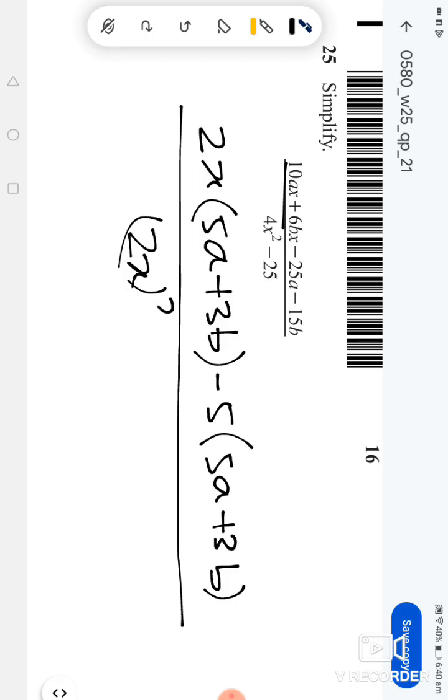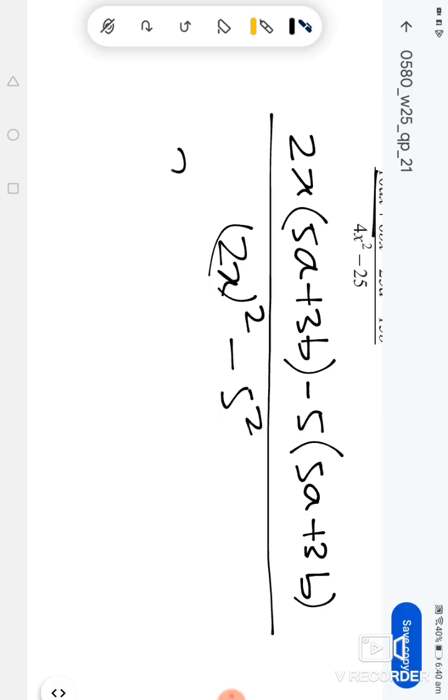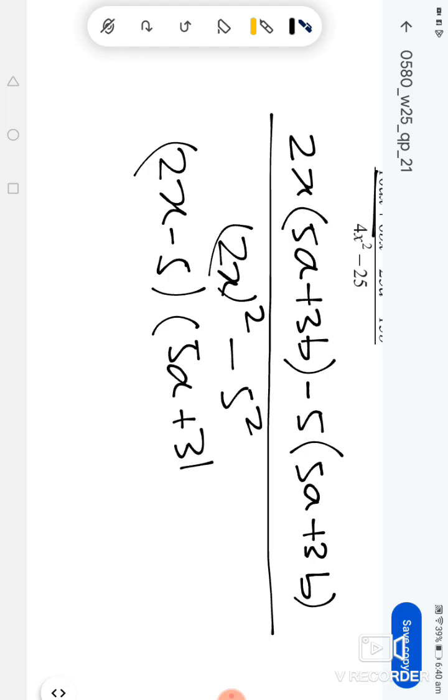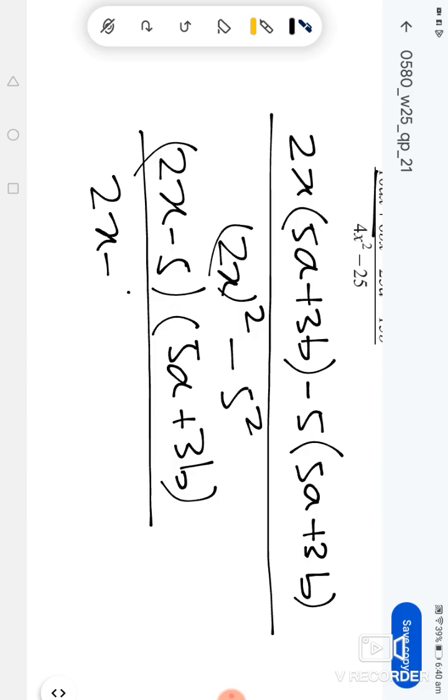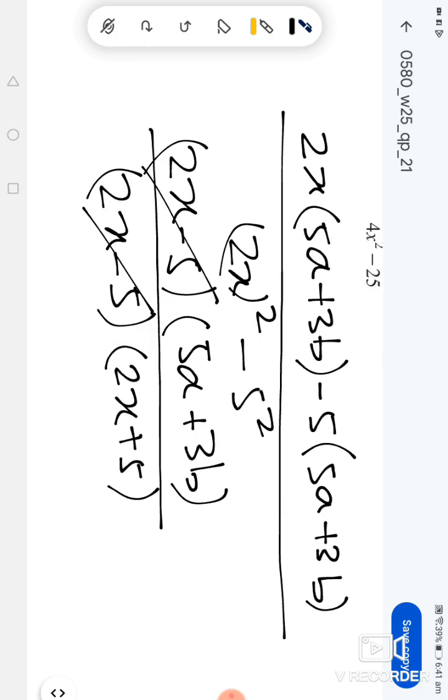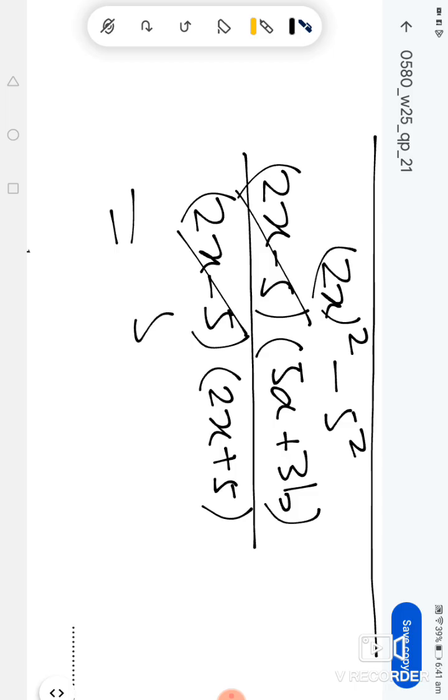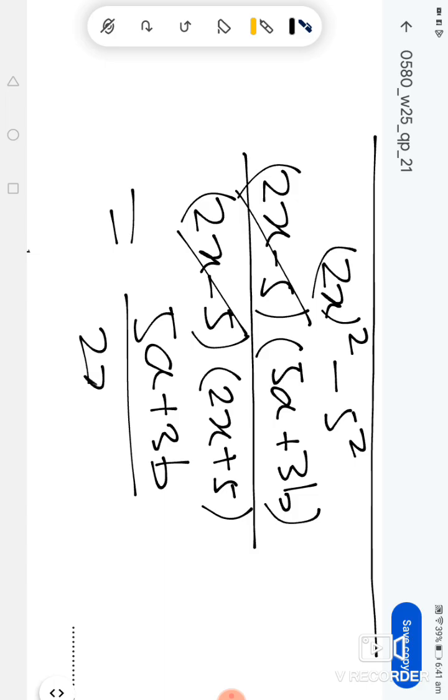Denominator: 2x square minus 5 square, so 2x minus 5 and 2x plus 5. So (5a plus 3b) by (2x minus 5)(2x plus 5). This one cancels. So the answer is 5a plus 3b by 2x plus 5.